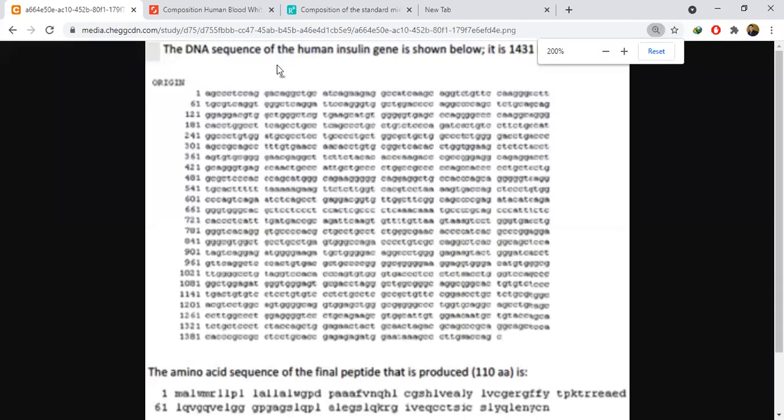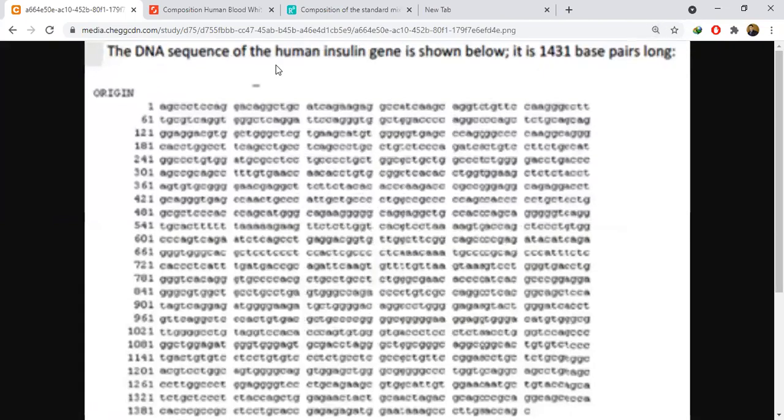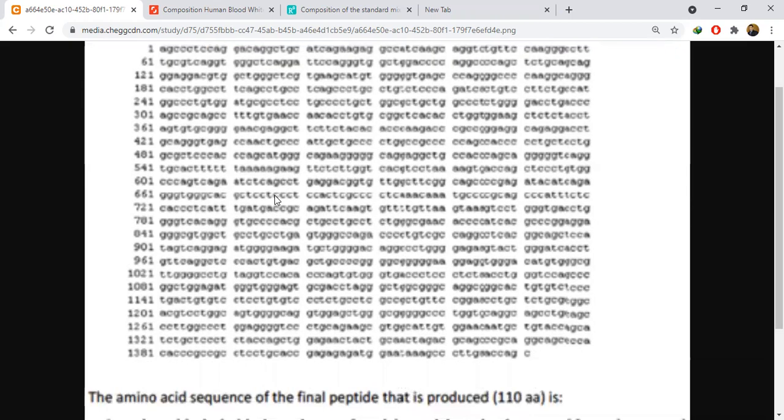This many bases: adenine, guanine, cytosine, thymine, cytosine, adenine, guanine, adenine, cytosine, cytosine, thymine, guanine, cytosine, adenine, thymine, like that. 1381 nitrogenous bases together make the single insulin gene.